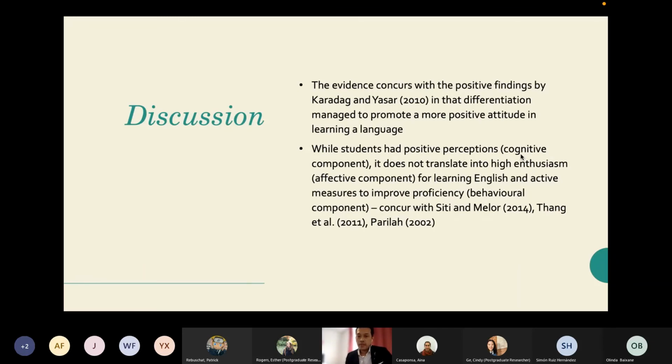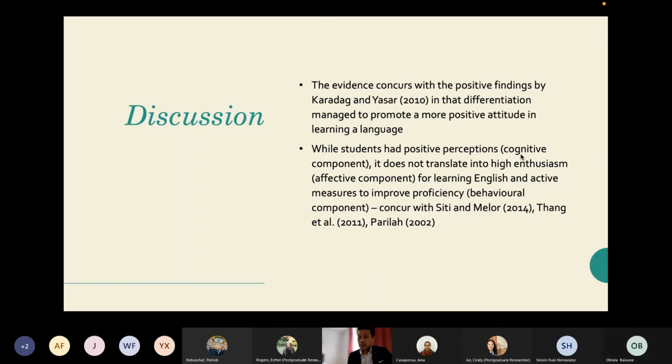So yes, the evidence concurs with the positive findings by Karadag and Yassar that differentiation managed to promote a more positive attitude in learning a language. And I also found out that while students had positive perception, they don't necessarily have high enthusiasm for learning English, and as such, they don't actively carry out strategies to improve proficiency.